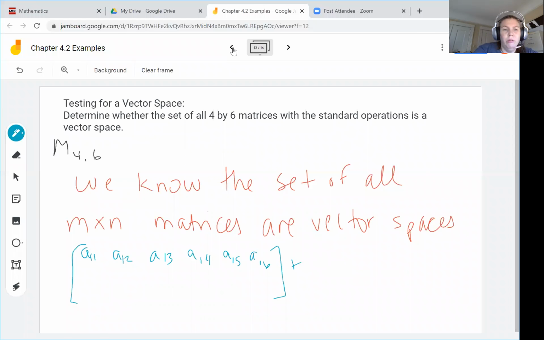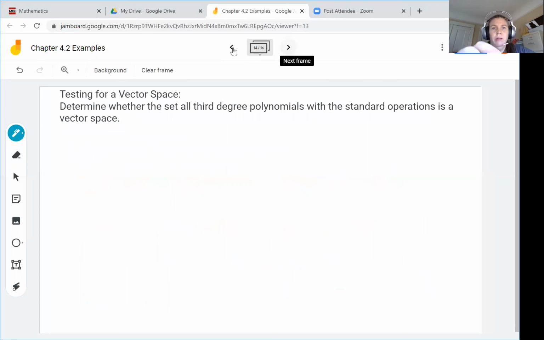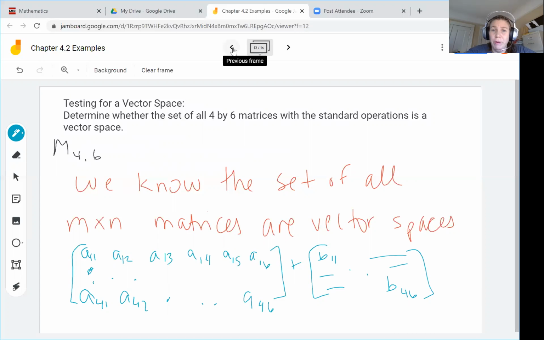But anyway, you could show all the way through, 4 rows, with dots in here, all the way through element A46, plus the same thing for a matrix B, B11 all the way through B46. Same idea. You could show that it's still going to be a 4x6 matrix when we add it up, and the same thing if you multiply through by a constant. So we conclude that, yes, this is a vector space, the set of all 4x6 matrices.